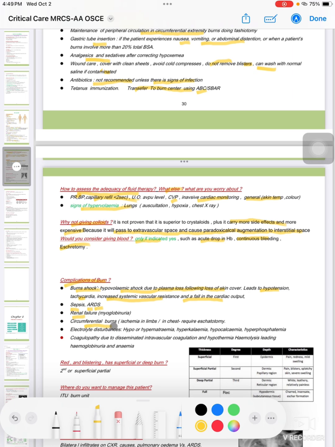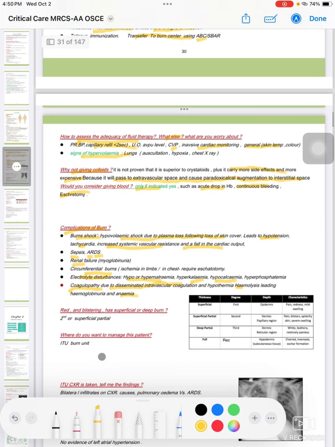Circumferential burns, such as ischemic limbs, or in the chest, require escharotomy. Electrolyte disturbance may also occur: hypo or hypernatremia, hyperkalemia, hypocalcemia, and hypophosphatemia. Coagulopathy also occurs due to disseminated intravascular coagulation and hypothermia, and hemolysis leading to hemoglobinuria and anemia.